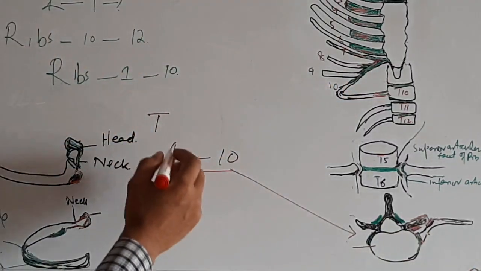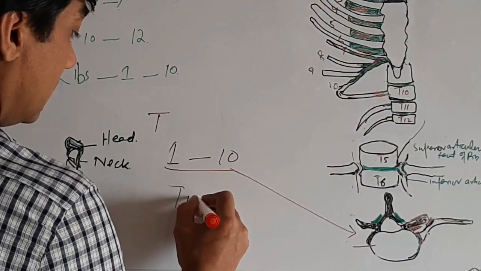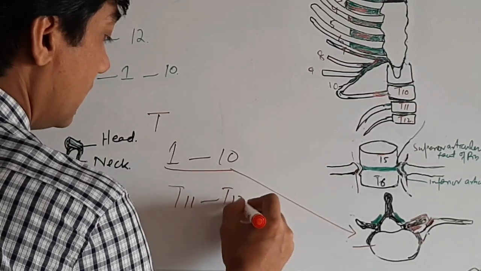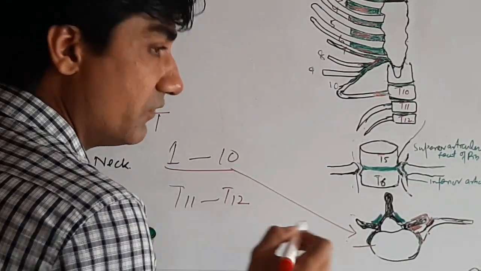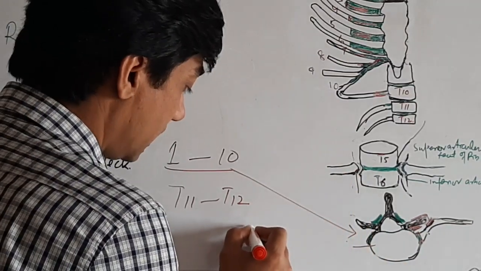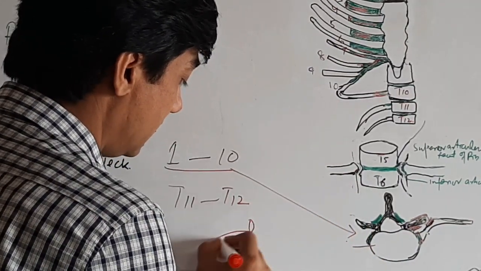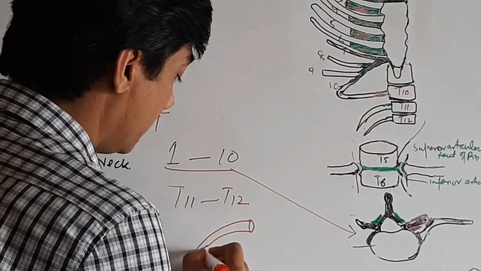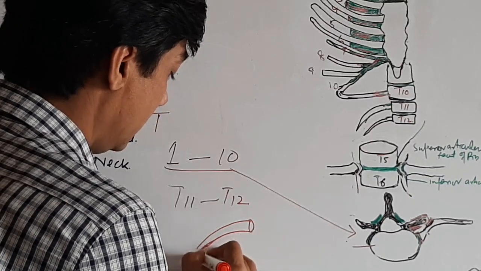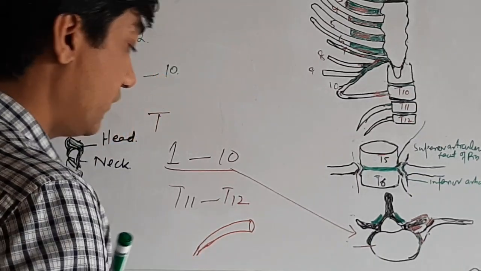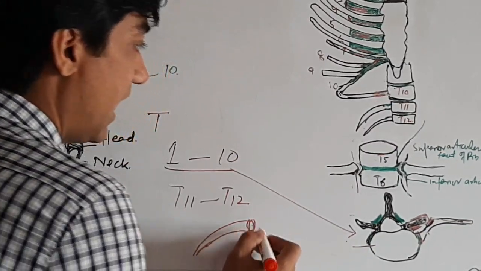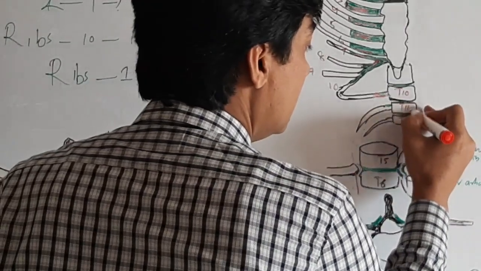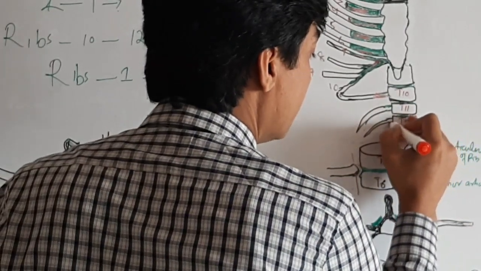But for thoracic 11 and thoracic 12, this type of attachment is with floating ribs. Floating ribs have only the head. There is no tubercle, no costal groove and no shaft. It has only a head. The head is attached directly with T11 and T12.